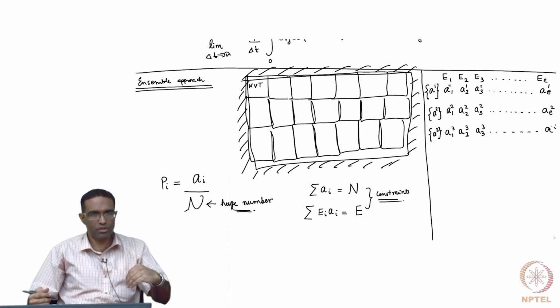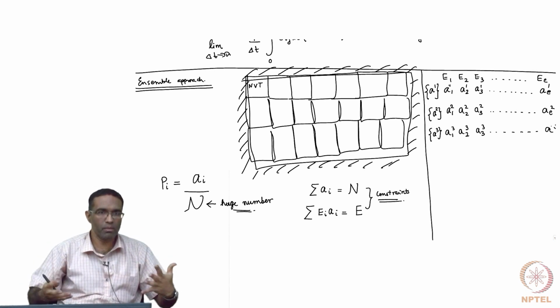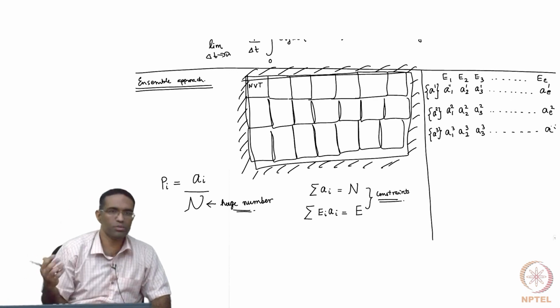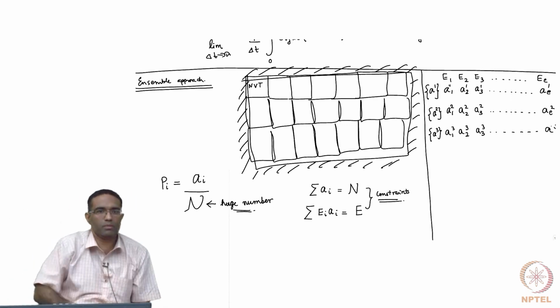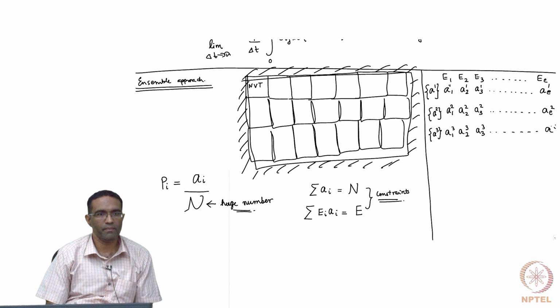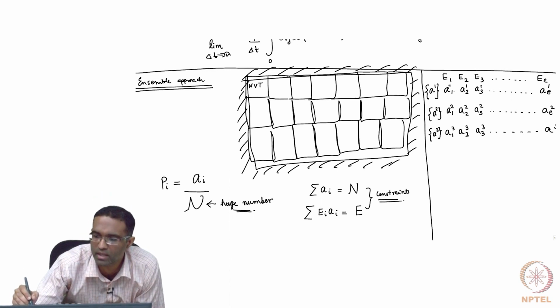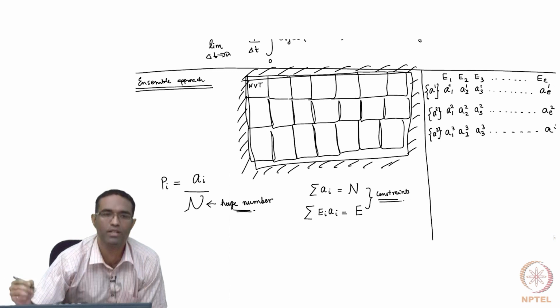So that is the second distribution. Then I can have some other number of systems at energy E1, that is another distribution. There can be so many different distributions possible, isn't it? So the suffix represents the energy, and the superfix represents the specific distribution.